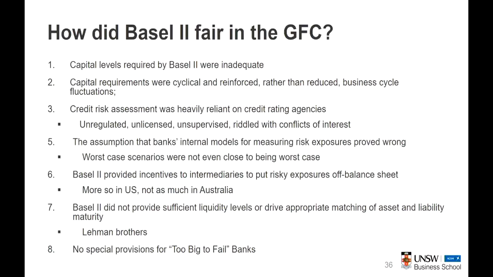Item number 2: capital requirements were cyclical and reinforced business cycle fluctuation. We saw that under Basel II, the amount of capital is driven by the rating. So the higher the rating, the lower the risk weight, the less capital is required. If the economy is growing well, what happens to your clients?